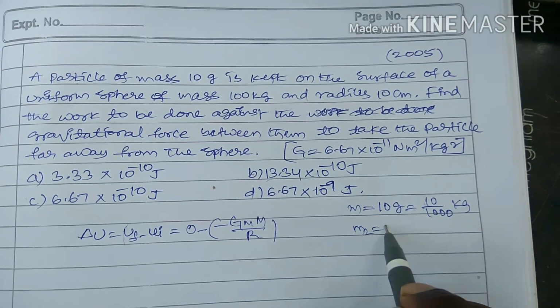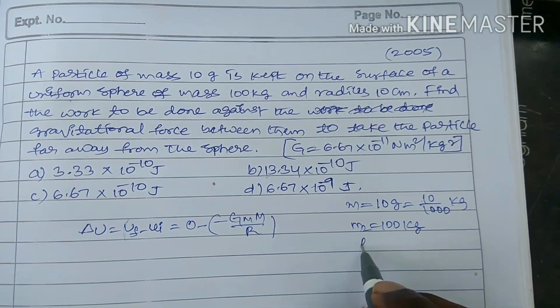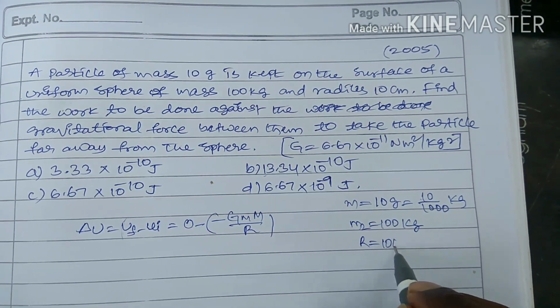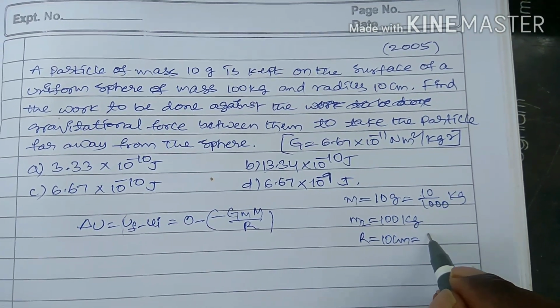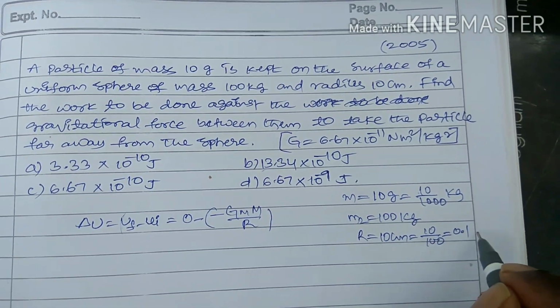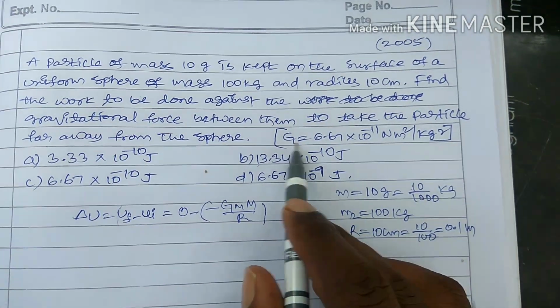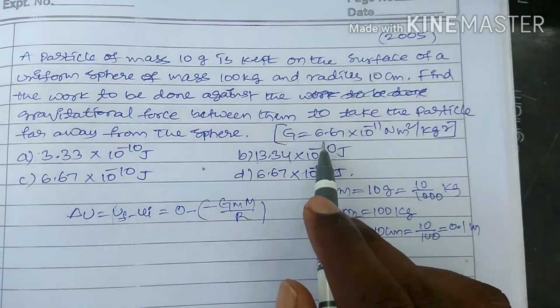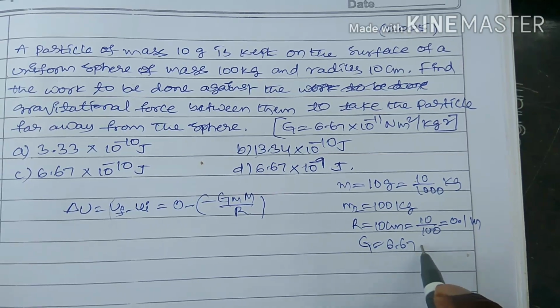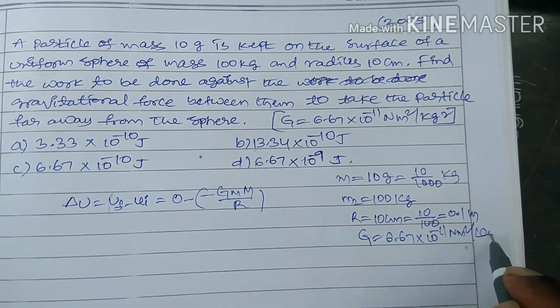M is equal to 100 kg and R is equal to 10 cm, which in MKS units is 0.1 meter, and capital G is given as 6.67 into 10 to the power minus 11 Newton meter square per kilogram square.